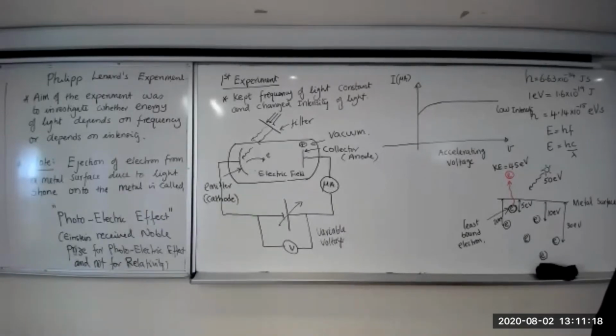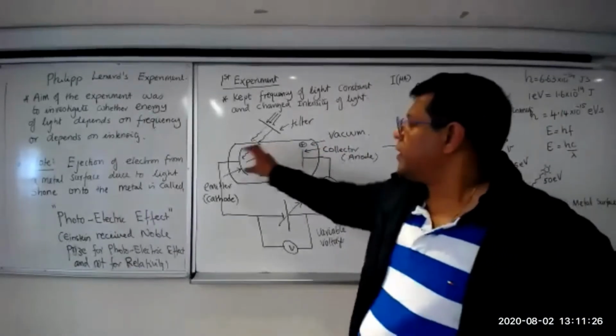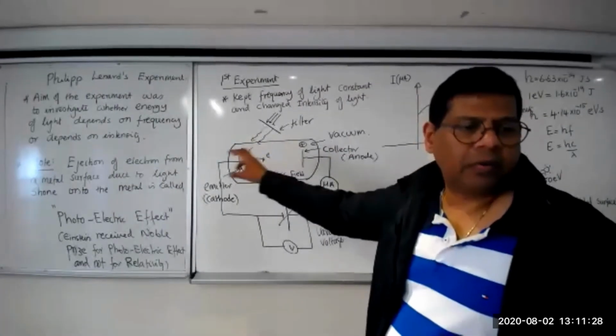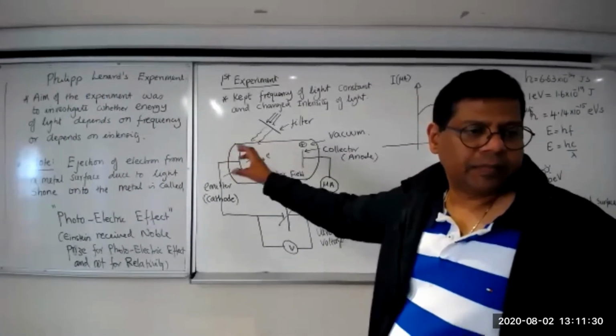Just to check whether you guys are paying attention to my explanation, so these electrons are coming out, remember, from the metal. They have a range of energies.